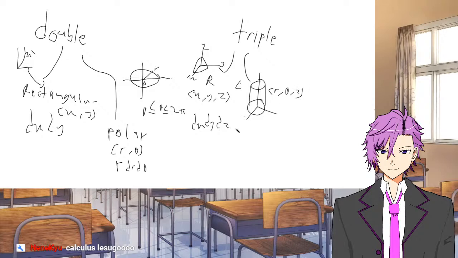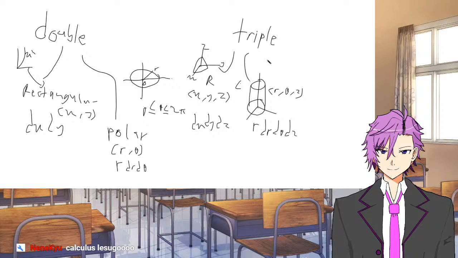From the coordinates it does matter, but for the integral it really doesn't. So r dr d theta dz. It's the same thing as polar coordinates, but you just add a dz at the back. So yeah, that is the cylindrical coordinates.